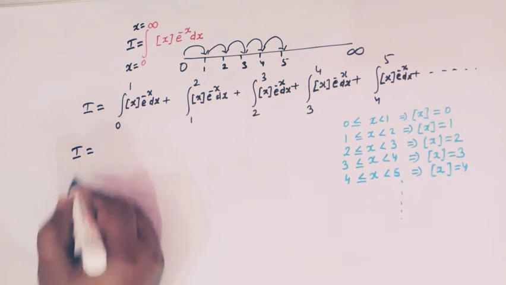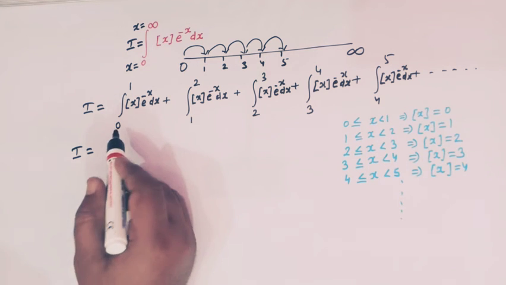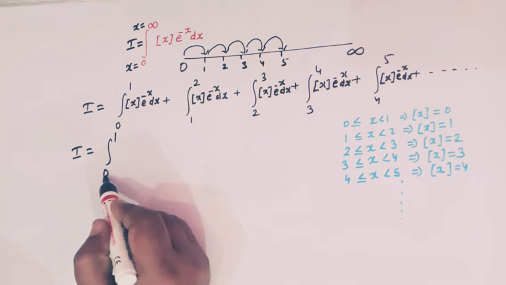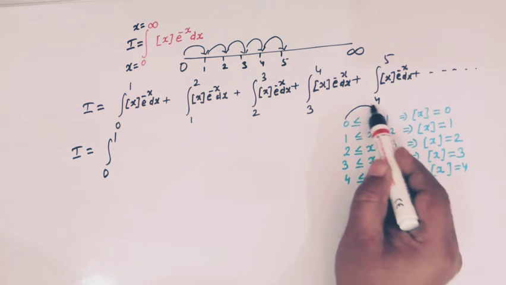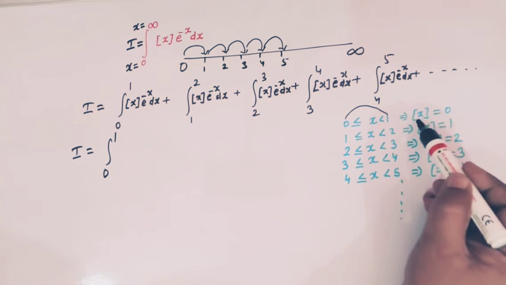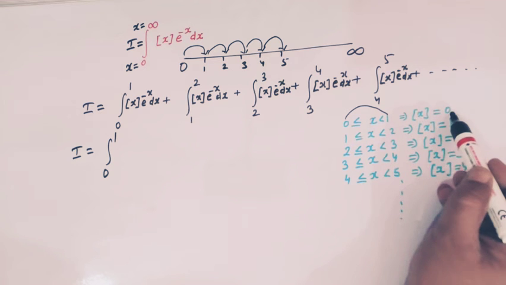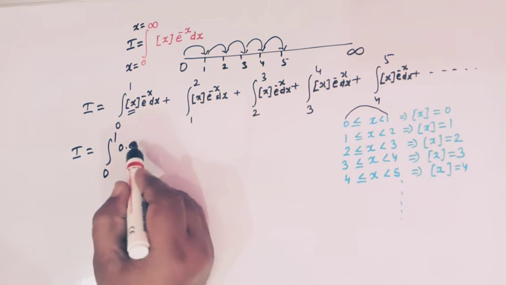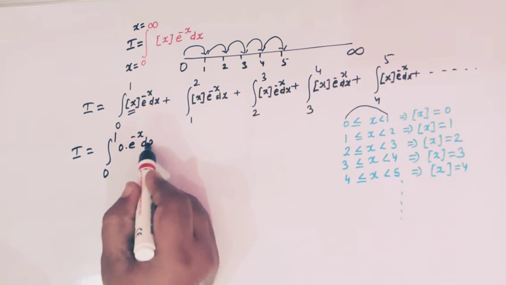So now we can write I is equal to, here we have 0 to 1, and when x lies between 0 and 1, the value of greatest integer x is equal to 0. So here we'll write 0 times e raised to minus x dx.